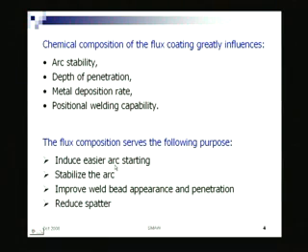Just change the electrode, take a suitable electrode, and the arc is initiated very easily. But with the same hand, you take some other electrode, you may have difficulty in initiating the arc. Well, that coating may have other advantages, or other disadvantages, but one thing is that a suitable composition may help you in easier arc starting. This is nothing but dependent on the ionization potential of the gases. Stabilizing the arc is also there, so that you get a fairly stable arc.